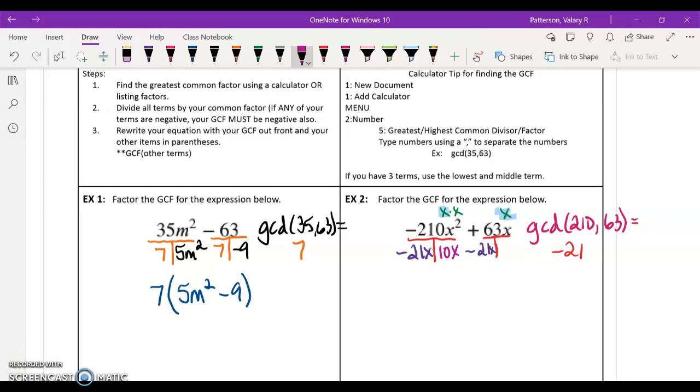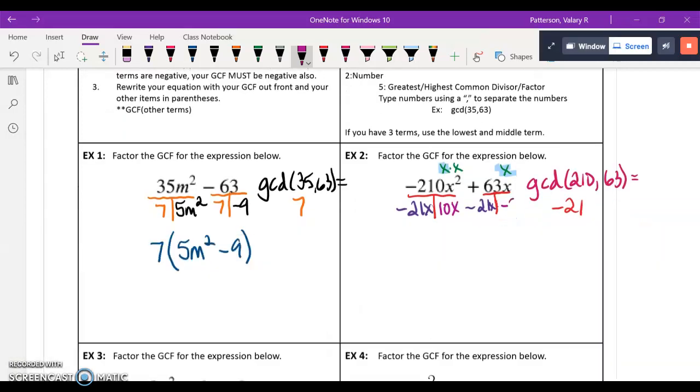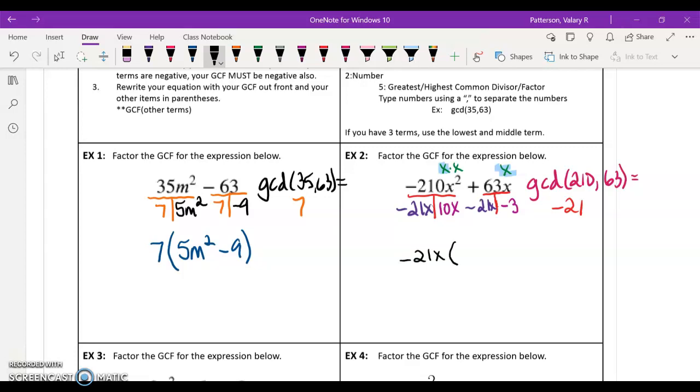The x's are going to cancel out, and we're left with negative 3. So again, whatever we divided into both terms, our GCF goes in the front, and what's left, these two terms, are going to go right here: 10x minus 3.